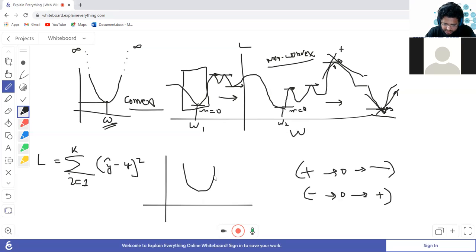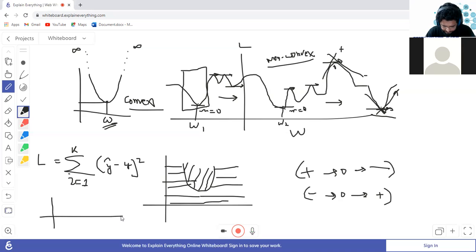In convex functions, we can divide the graph into two areas, only two areas. That is like this, one area, and another area is outside the graph. Whereas in case of a non-convex function, we can also divide the graph in two areas.